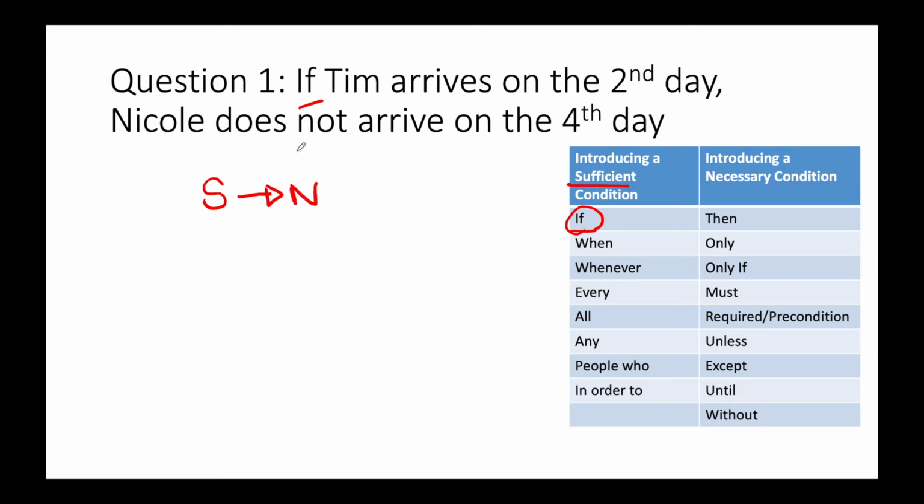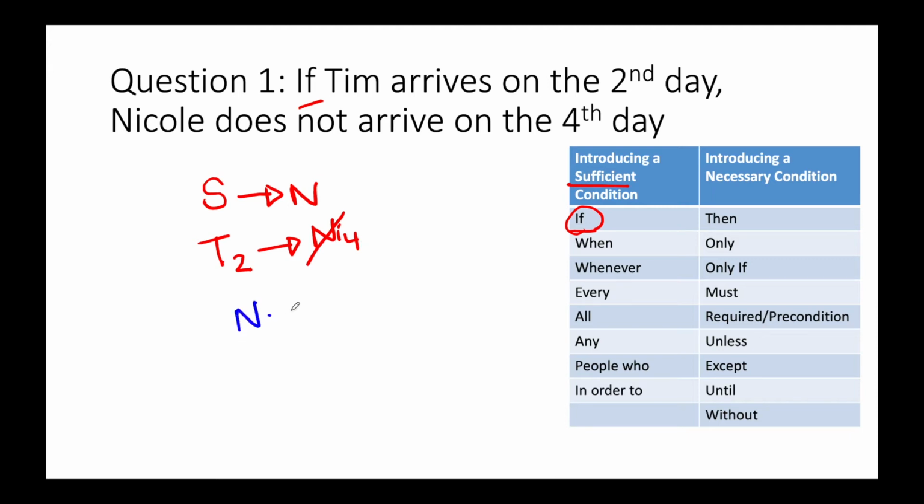So we know Tim arriving on the second day is sufficient, so we're going to make it shorter. So Tim arriving on the second day means that Nicole, don't mix up the ends, here Nicole, does not arrive on the fourth day.